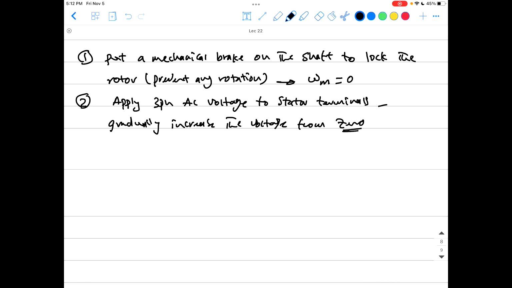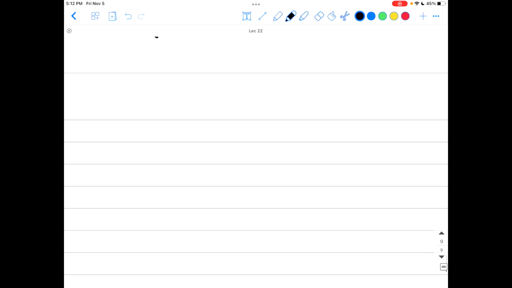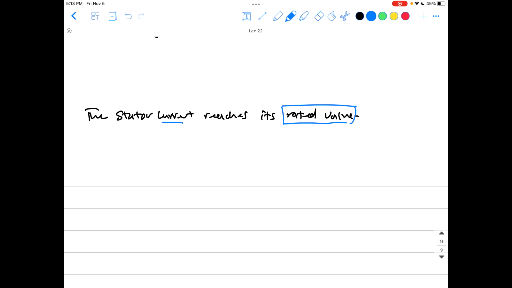You start with 0 voltage and gradually increase it until the stator current reaches its rated value. So this test happens at the rated value of the stator current.